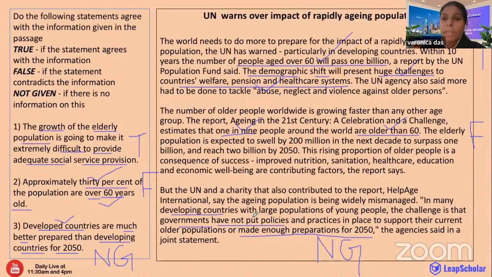India is a developing country. United States is a developed country, right? So they are talking about developed country. Your paragraph is talking about developing countries. They have not said anything about developed country, and therefore it is new information which is not there in the whole passage. Therefore, we mark it as not given. Okay, how many of us got at least 2, otherwise 3 answers correct?